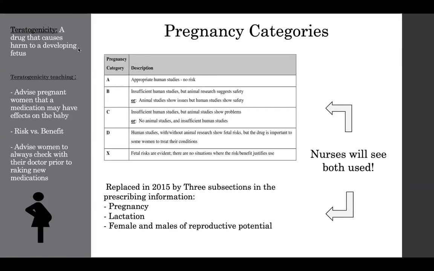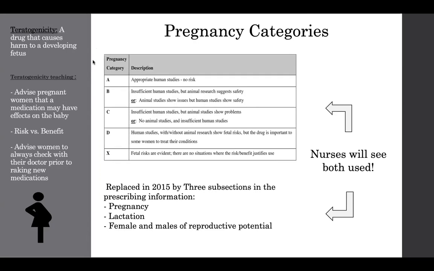But you have pregnancy category A, that has very little side effects or no risk at all when you're giving them to someone who is pregnant. And then you have B, which they do not have enough studies for, but within animal research, they have shown that they should be safe.